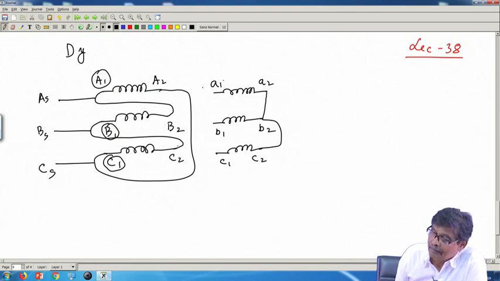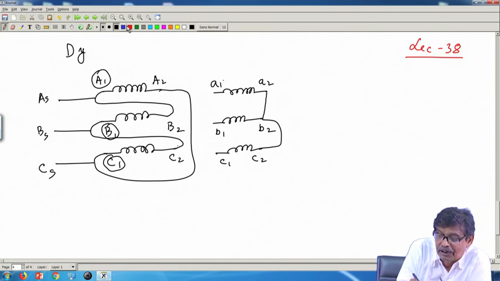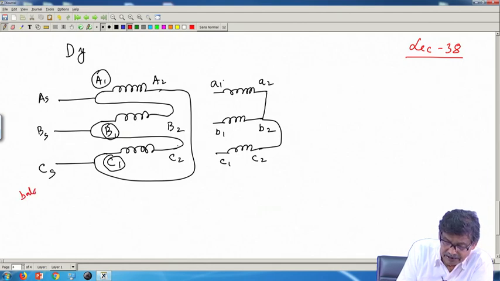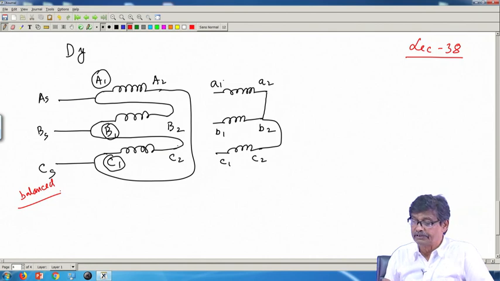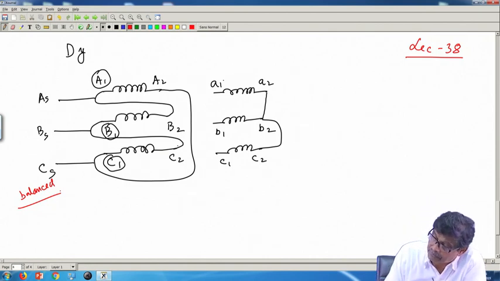Now, what I will be doing, I have to draw the primary voltage phasors, the voltages coming across each winding. As I told you, to begin with, you better draw the supply voltage as balanced with phase sequence A, B, C. So, you draw this vector diagram.